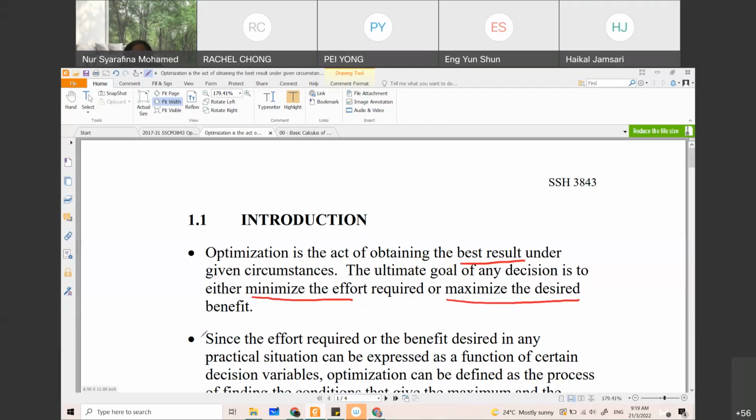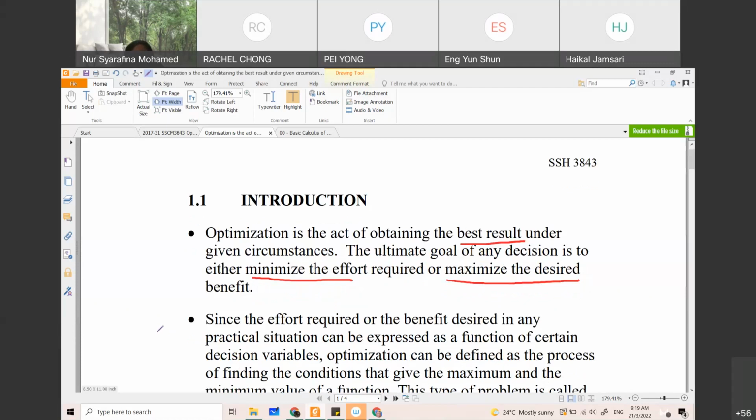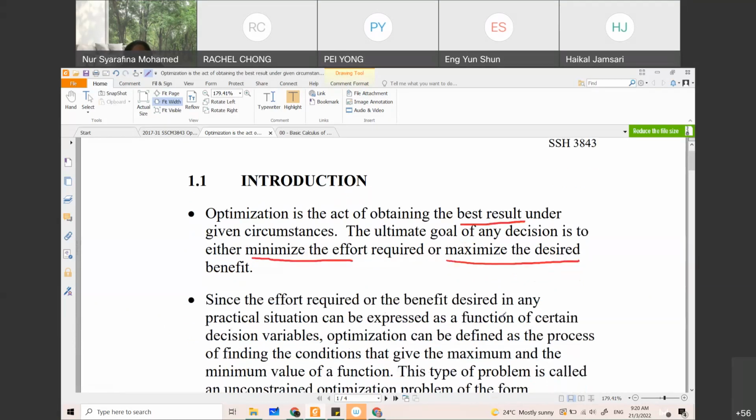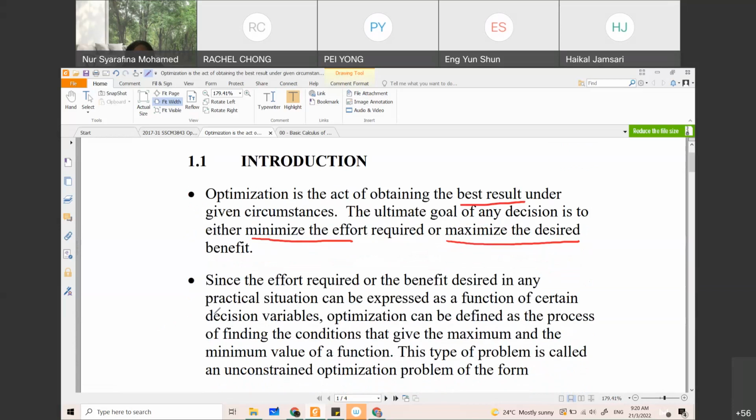Okay, so since the effort required or the benefit desired in any practical situation can be expressed as a function of certain decision variables, mathematically, all of this desired can be expressed as a function of certain decision variables. Then optimization can be defined as the process of finding the condition that gives the maximum or minimum value of a function.